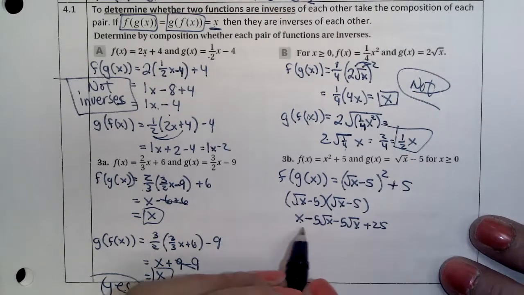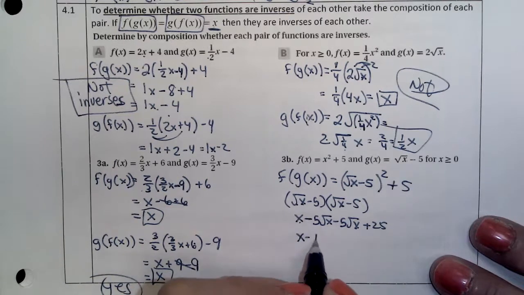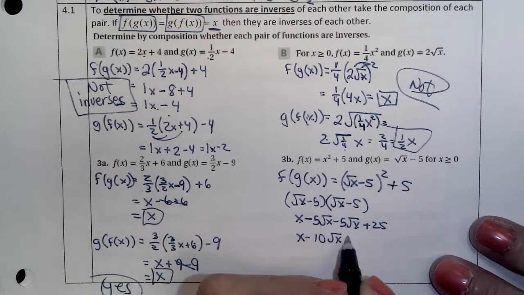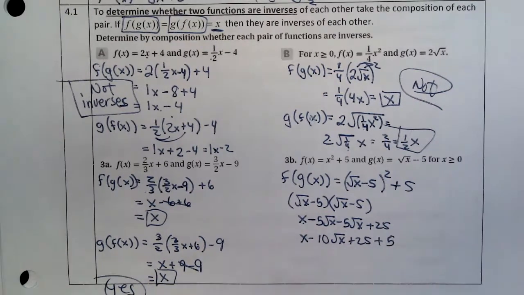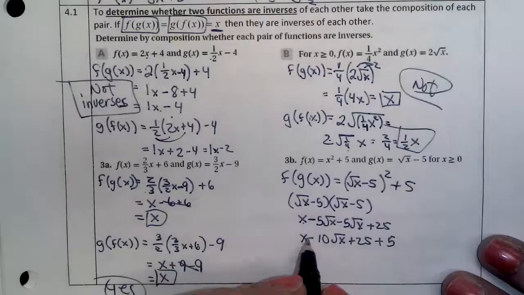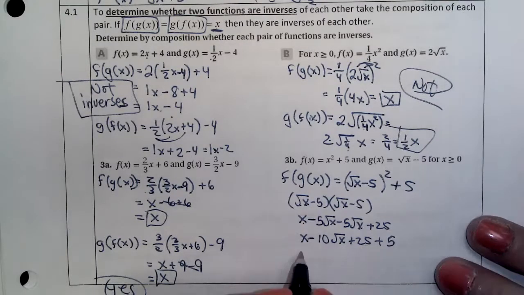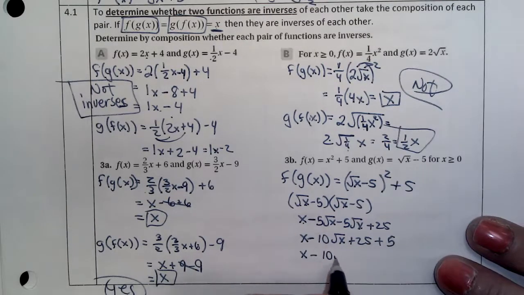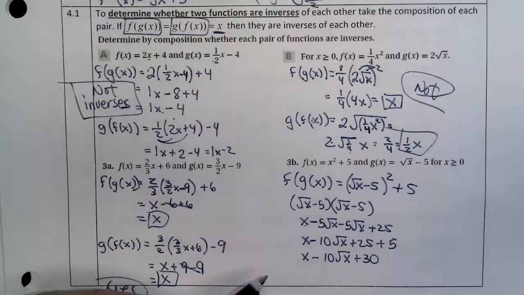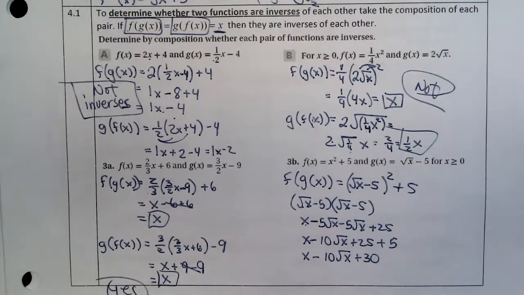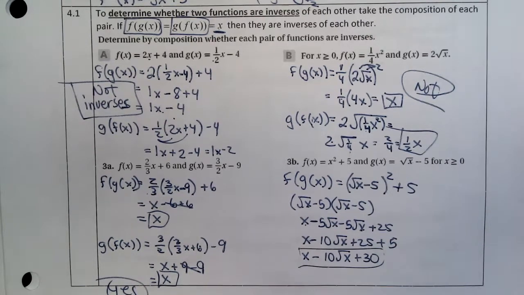And then I'm going to combine my like terms, and I get x minus 10 square roots of x plus 25, and then I get plus 5. So now I'm going to have x minus 10 square roots of x plus 30. So right now, just looking at this, it does not look like they are going to equal x, right? Because I can't combine like terms anymore with that.